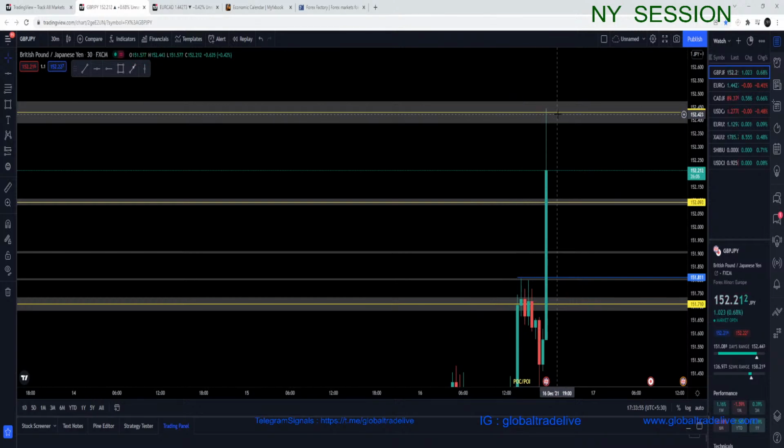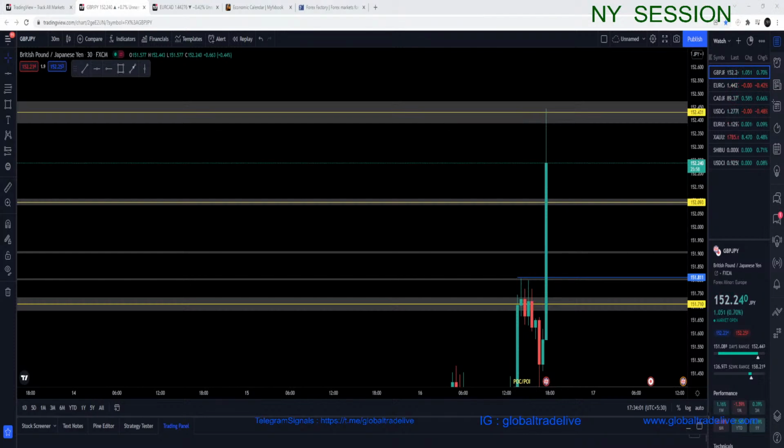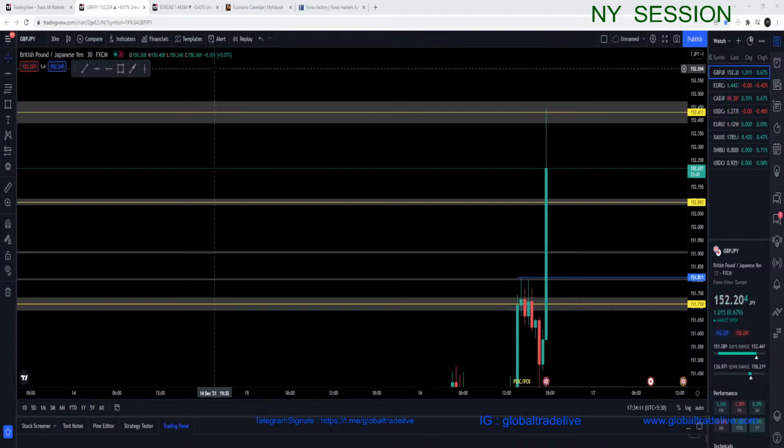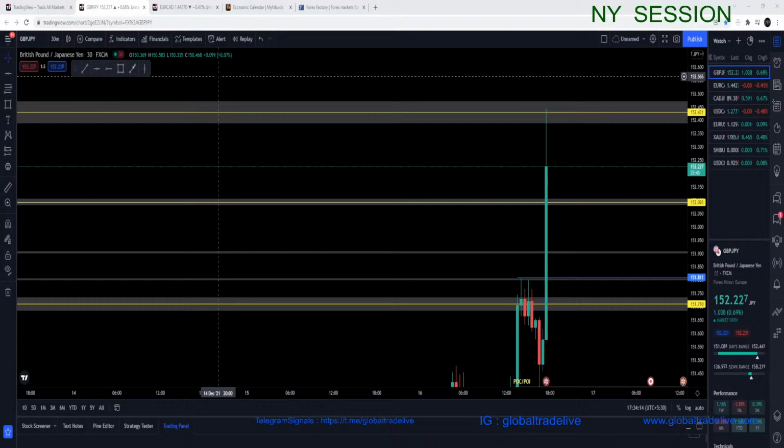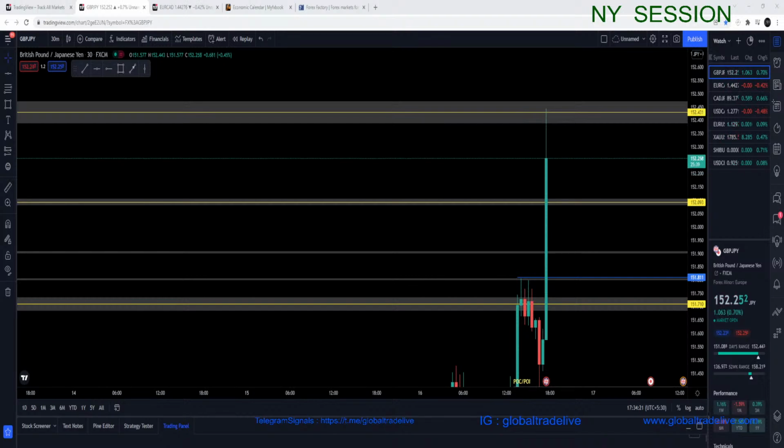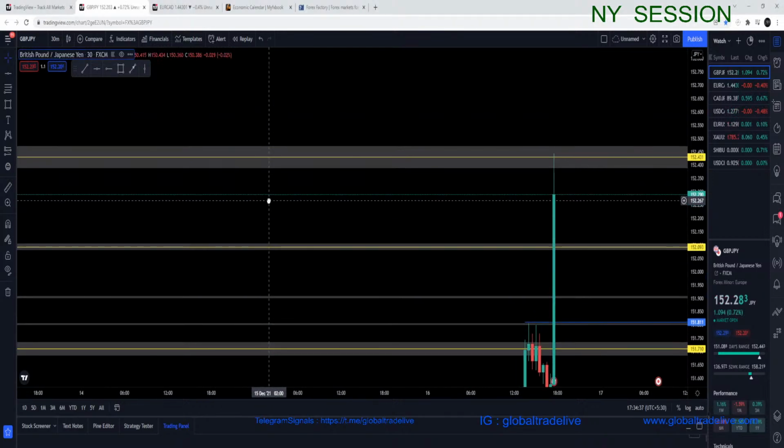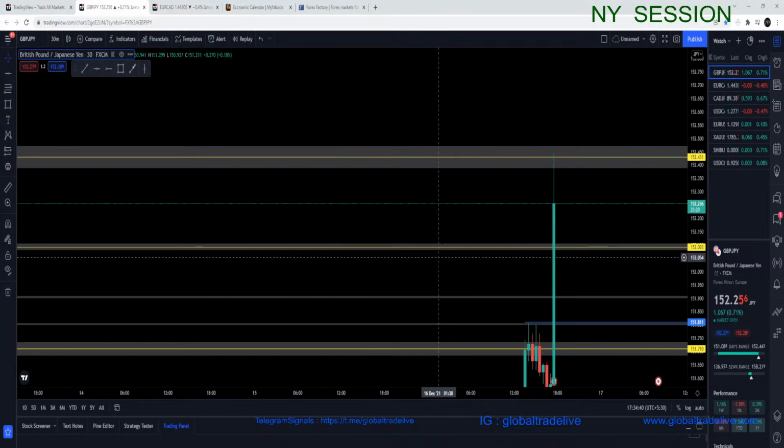And it tapped exactly at that area. So to move up, GBP has to stabilize its price above the area.